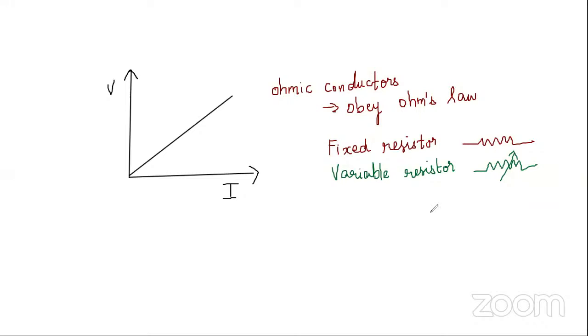And a potential divider circuit is also one example. There the symbol is like this, potential divider.